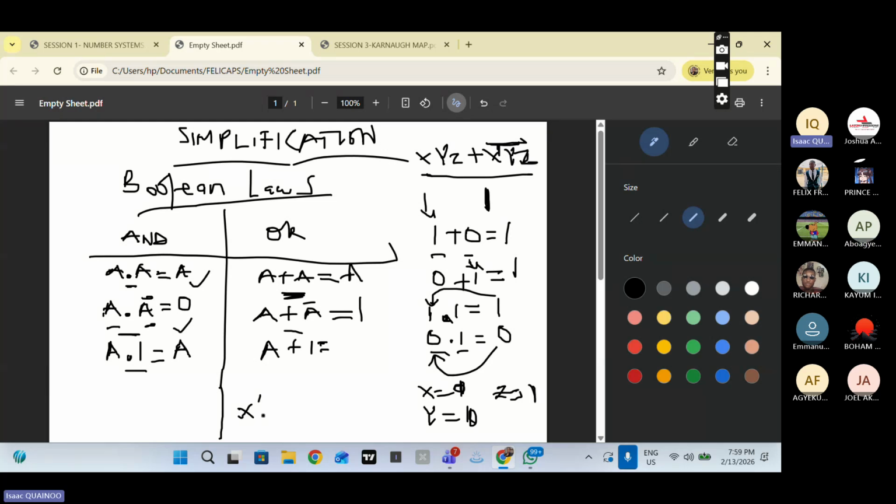Okay, I'm coming. So Y bar, Z bar. If I get you right, the problem is whether this is equal to this, right?